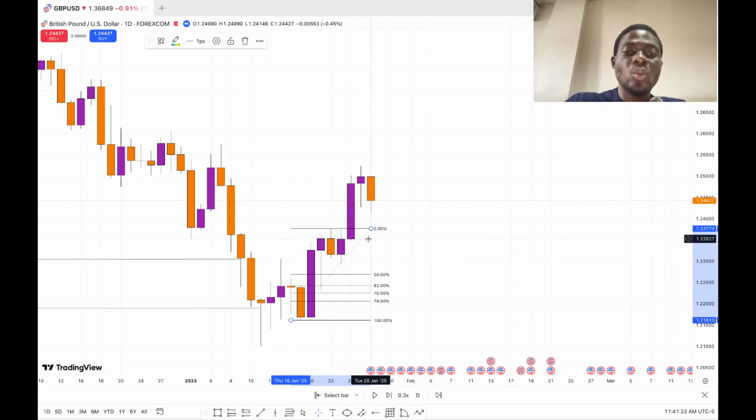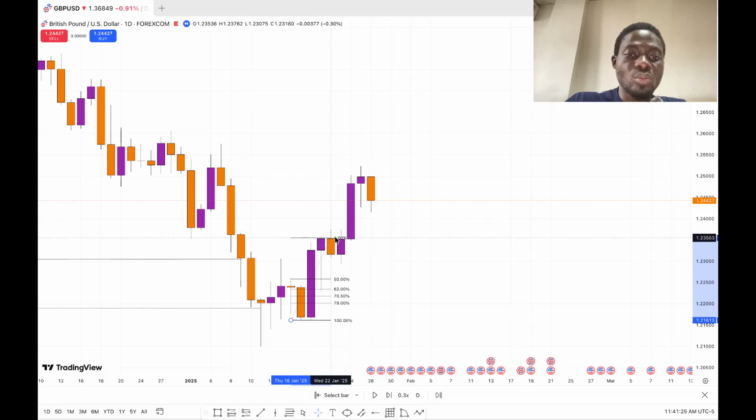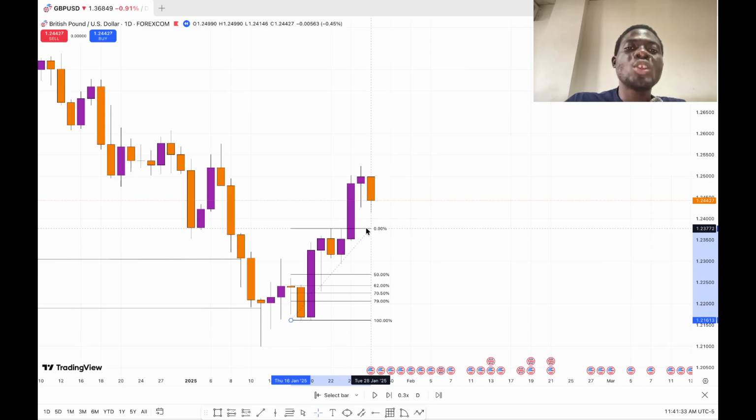After price went to this high, it took out this high, it went again, we extended our Fibonacci, it went again, extended our Fibonacci. At which point do we continue for buy orders? We continue for buy orders when we see price come all the way to the 50% level. Or below.